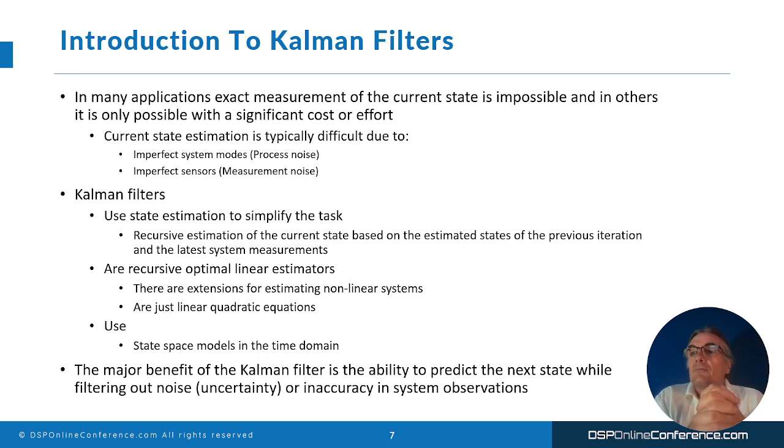Kalman filters are a recursive algorithm, we'll see that. A recursive estimation of the current state based on the previous iteration and the current new measurements. So we use the previous state estimate and the current measurements to compute the new state estimate, position, velocity, whatever we're trying to compute.